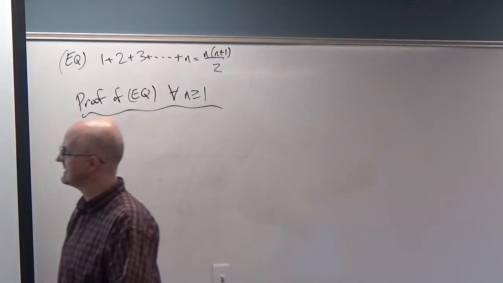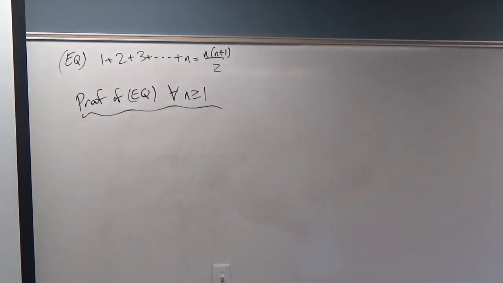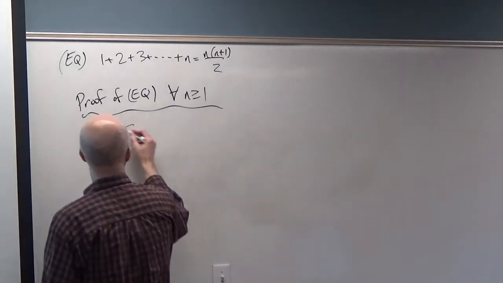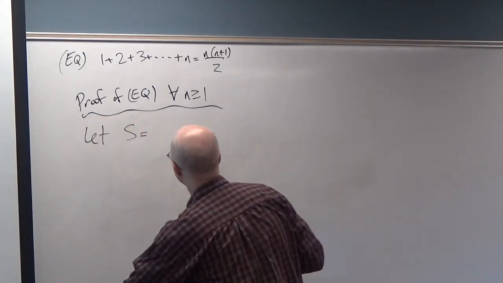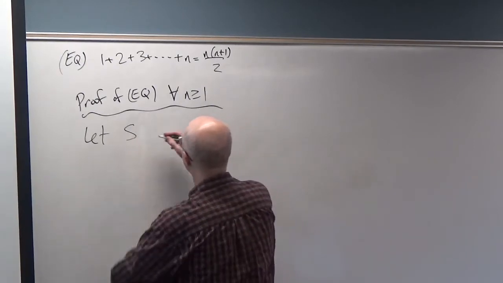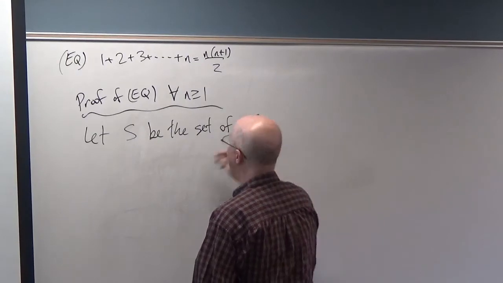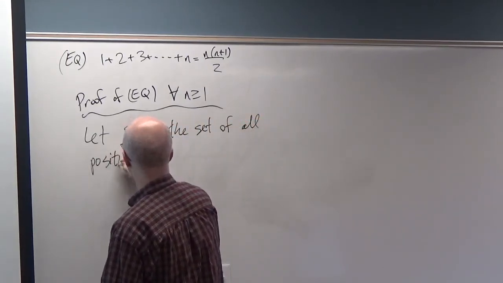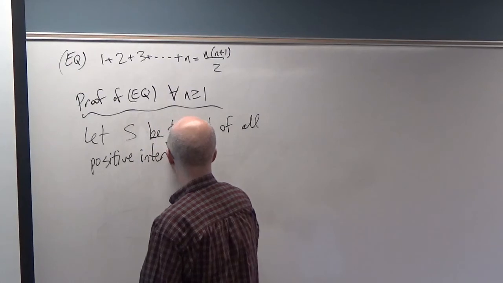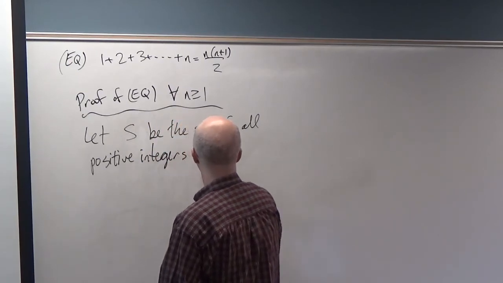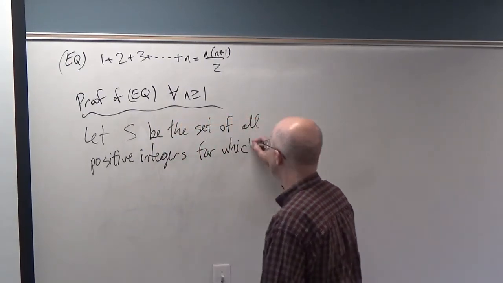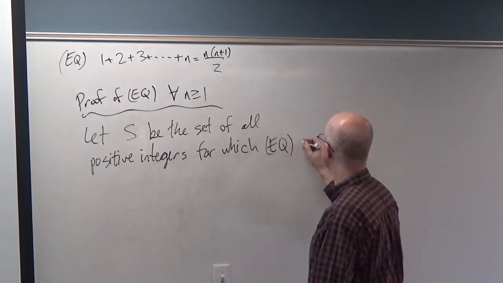Well, the base case, it's called, is to verify that a is in S. What is a? It's the first integer that you want to prove this for, 1 in this case. Let S be the set of all positive integers for which the equation is true.